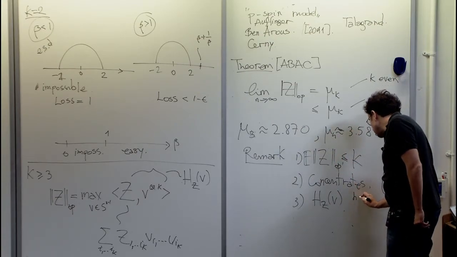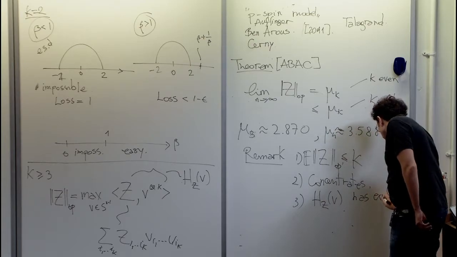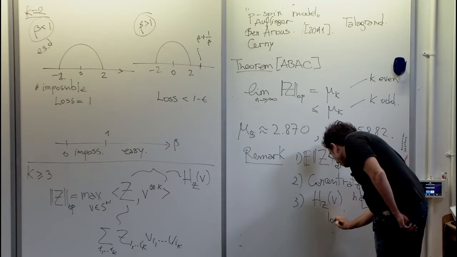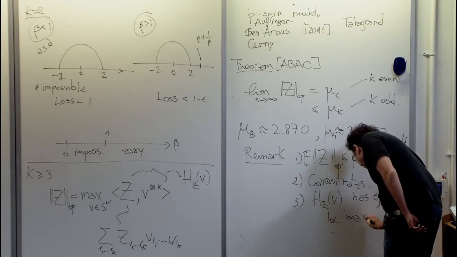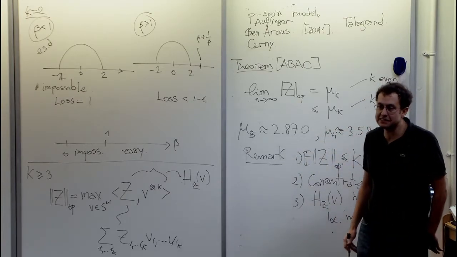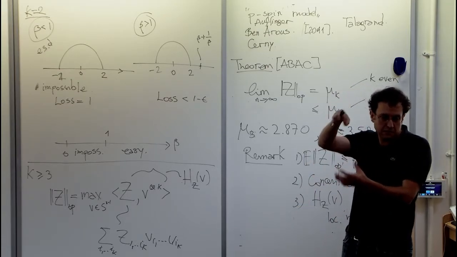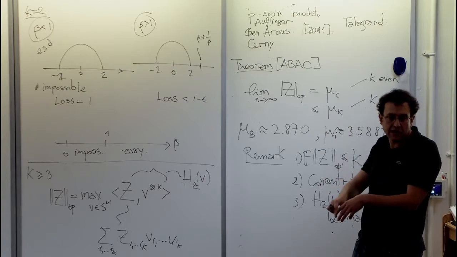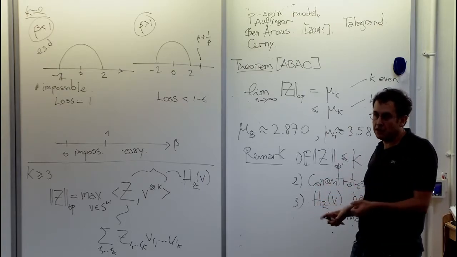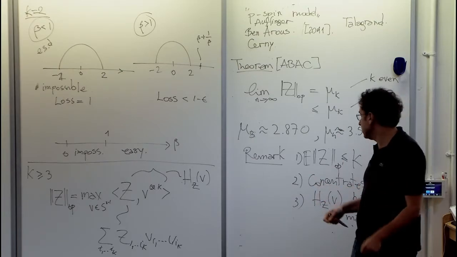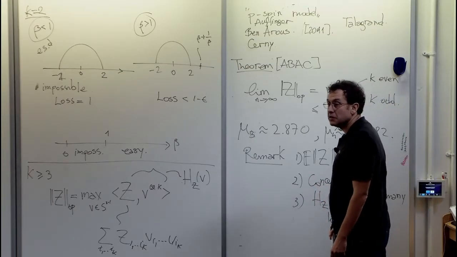This has exponentially many local maxima. Okay? So in the case k equals 2, there is only one local maximum that is the principal eigenvector. In this case, there are exponentially many. Further, they are not all the same value. They have values between, what?